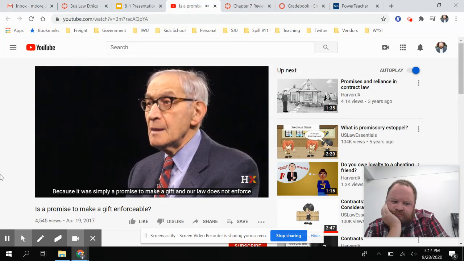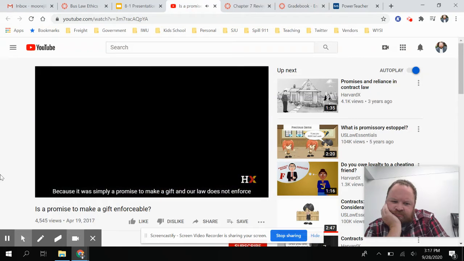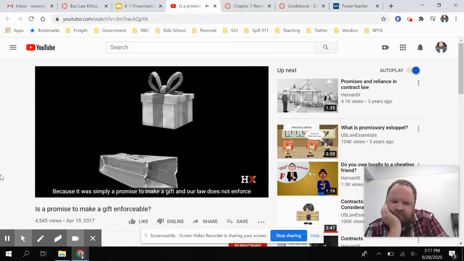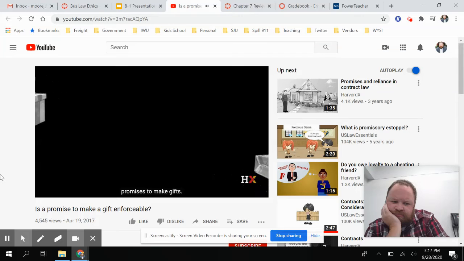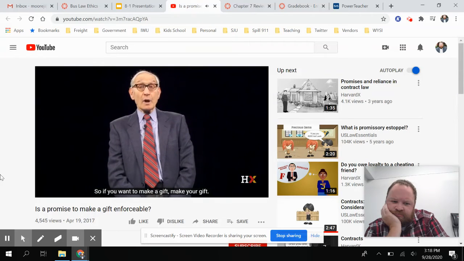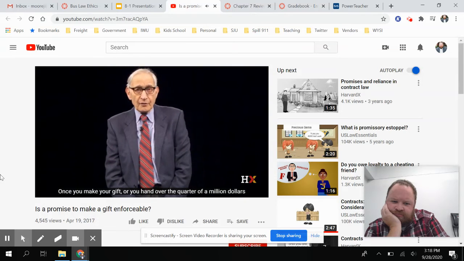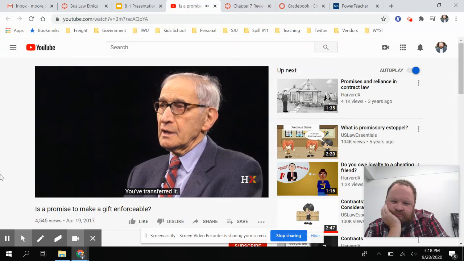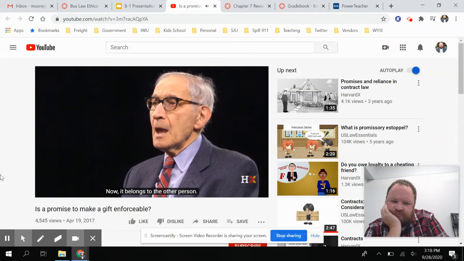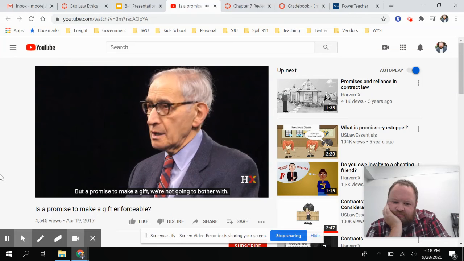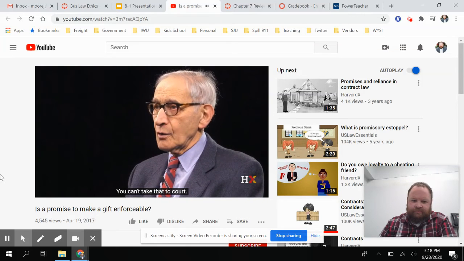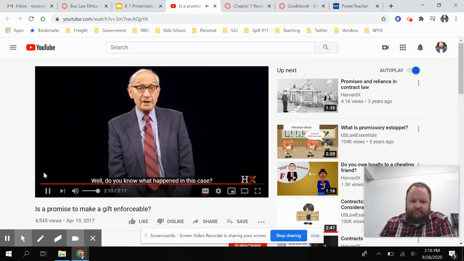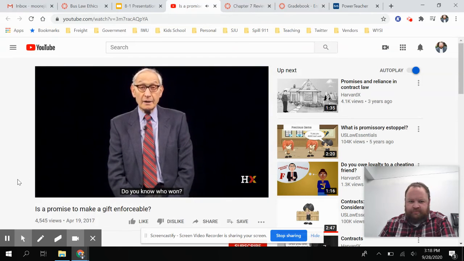Because it was simply a promise to make a gift, and our law does not enforce promises to make gifts. So, if you want to make a gift, make your gift. Once you hand over the $250,000, or the silver watch, or the house, that's fine. You've transferred it, and now it belongs to the other person. But a promise to make a gift, we're not going to bother with. You can't take that to court. Well, you know what happened in this case? You know who won?